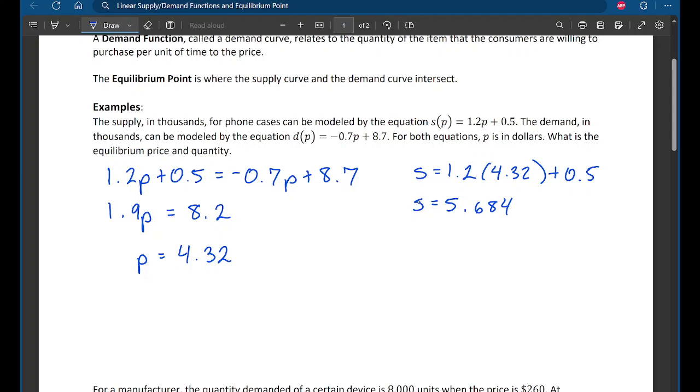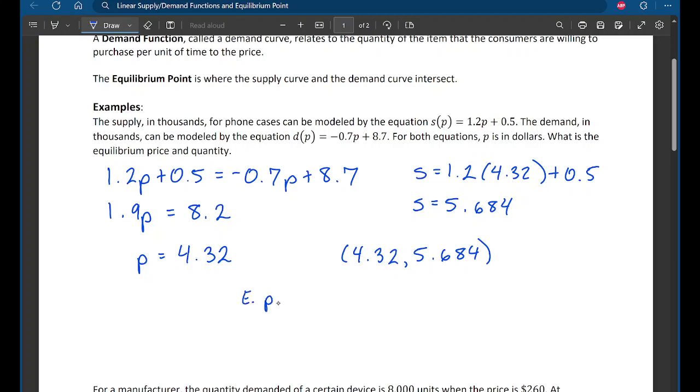So my supply quantity is 5.684. So the equilibrium point is 4.32 comma 5.684.